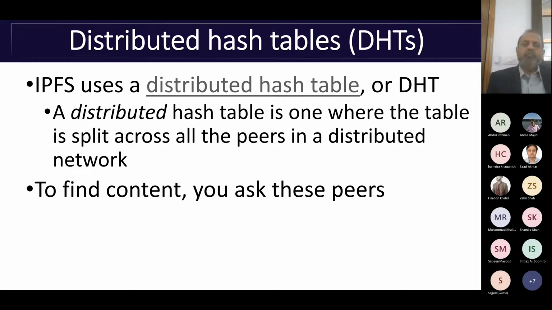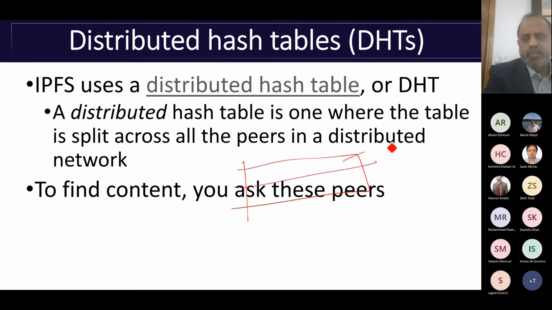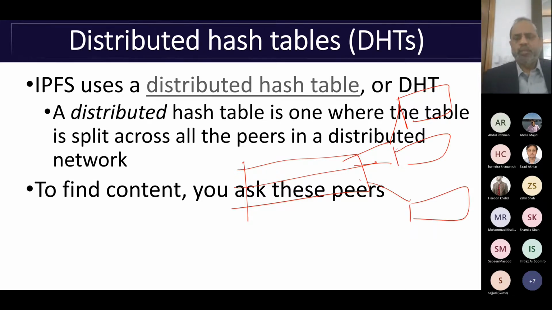The third part of the IPFS is how this whole information is stored in a distributed hash table, like we have routing tables. Okay, what is there in a routing table? The routing table contains this: if you want to get to a specific destination, you have this router, and it has different ports through which it is connected to another router, another router, another router. There are different types of routing algorithms.